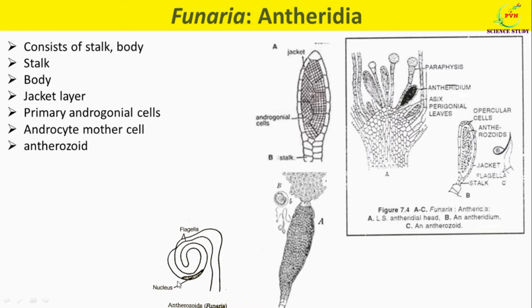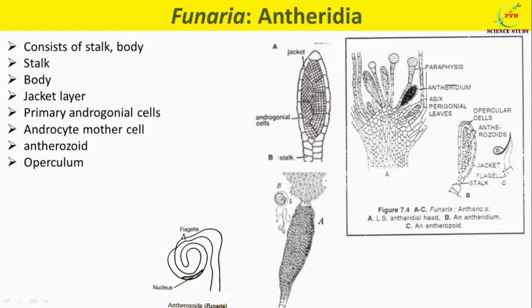So this is the diagram of the antherozoid or sperm of Funaria. It is biflagellate, which means it contains two flagella. In a mature unopened antheridium, the sperms or antherozoids lie enclosed in their respective vesicles, forming a sperm mass.